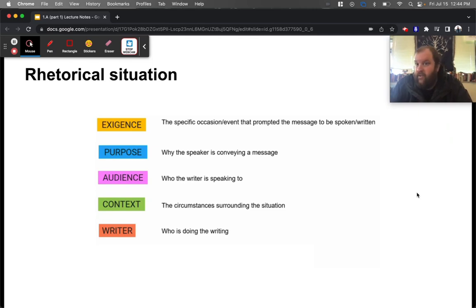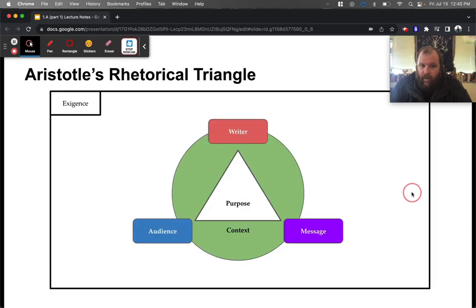But really, it's who's doing the writing, and then your message, what the writer wants the audience to think or know, and or messages really. But when you take those pieces, right there, that allows you to fully understand a text and its place in the world, right? That's the rhetorical situation. Okay.